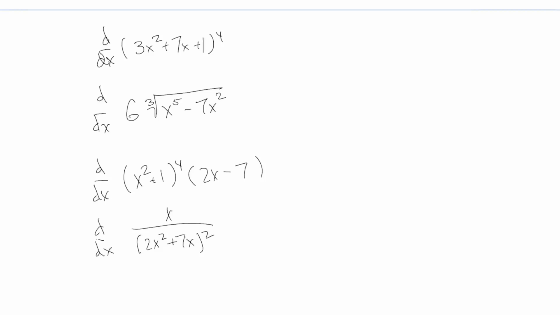Okay, so the cube root, I said before, the cube root is the 1/3 power, and then the exponent is different.